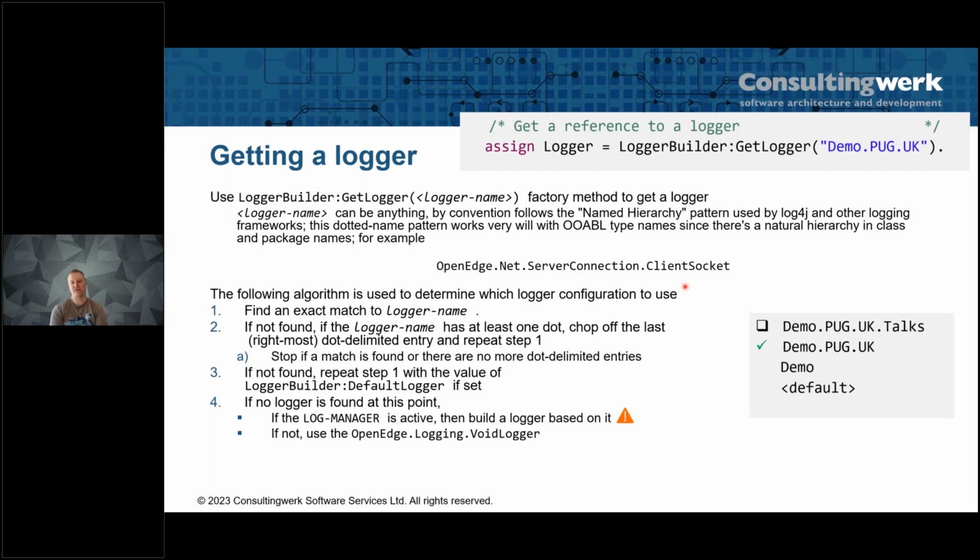If you think of the logger names as matching namespaces in classes. So potentially we could say, for all of the OpenEdge.Net loggers that we want to get, we could set a logger up one time, or we could set one specifically for client socket. So for the UK demo pug, we're going to have a particular logger, but for all demos, we might have another one. So we can configure them however we want to build them.